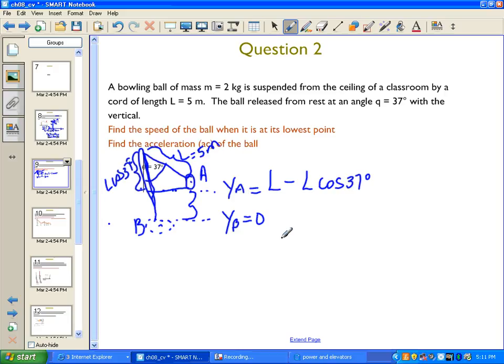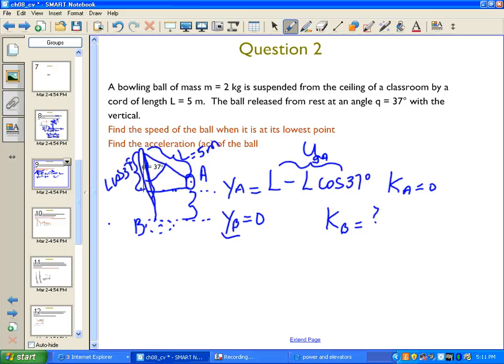The other thing is we need to indicate that we're told it's released from rest, so we know that KA is equal to 0, but KB is not equal to 0. Since the ball starts from rest but has some position above the ground, that implies that it will have potential energy UA, gravitational in nature.